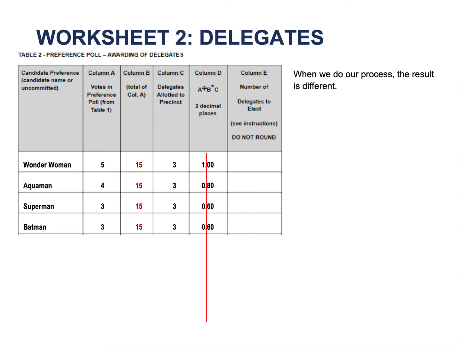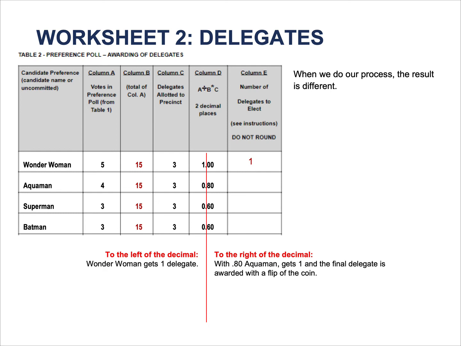When we look to the left of the decimal, we can see that Wonder Woman gets 1 delegate. When we look to the right, with 0.8, Aquaman gets 1, and then the final delegate is awarded with a flip of the coin. Superman wins the toss and is awarded 1 delegate, and Batman gets none.